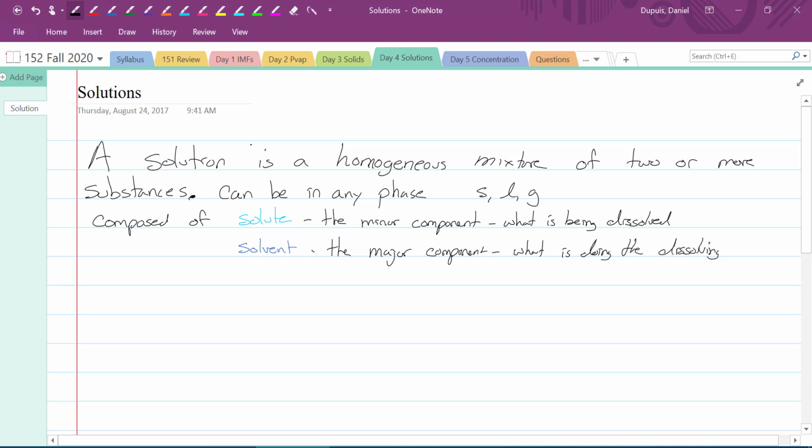So the solvent for air would be nitrogen, right? It's mostly nitrogen, then oxygen, then argon, and then everything else. Over 99% of air is N2, then O2, then Ar. Aqueous solutions is where water is the solvent.